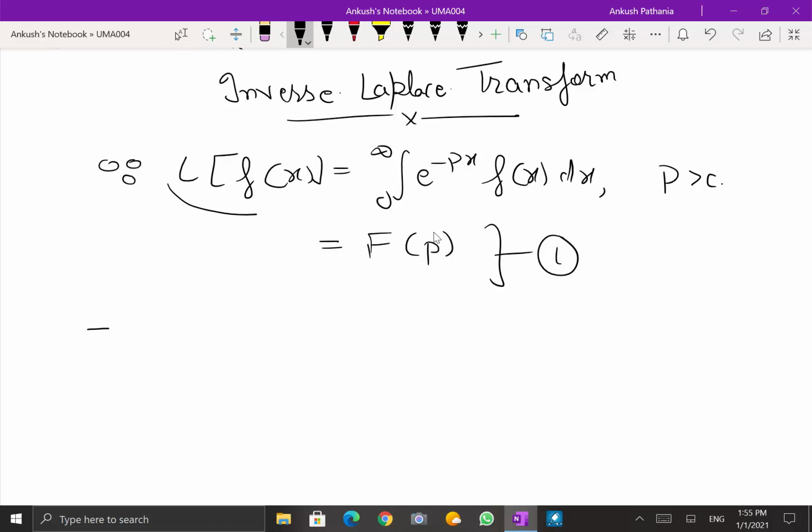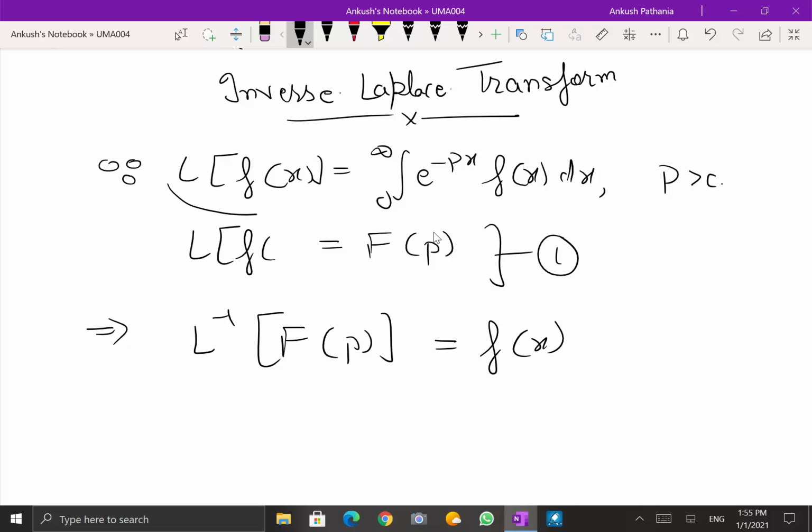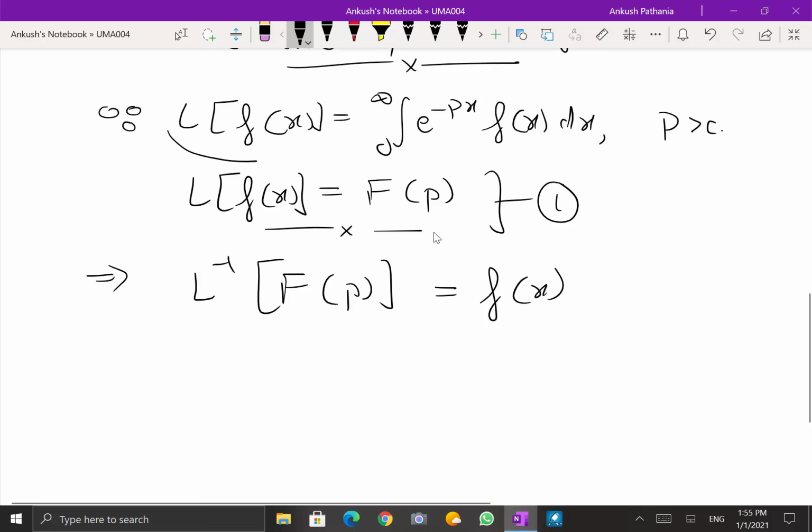So now we say the Laplace inverse of F(p), which we take in square brackets, is equal to f(x). If you have Laplace of f(x) equals F(p), then we take L to the other side, so Laplace inverse of F(p) is equal to f(x).